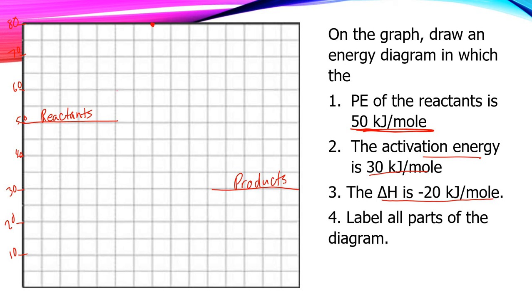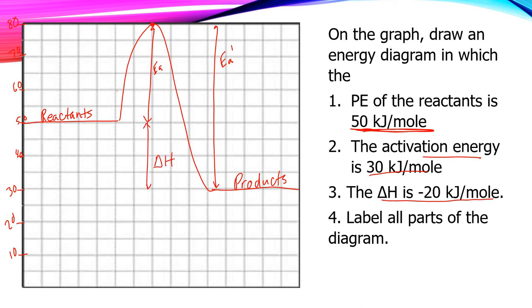So then I just do a little arc here, go up, hit it, come back down. And it wants me to label everything. So here is my E of A. Here is my E of A prime. And from here to here is my delta H.